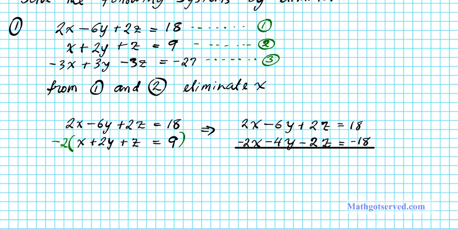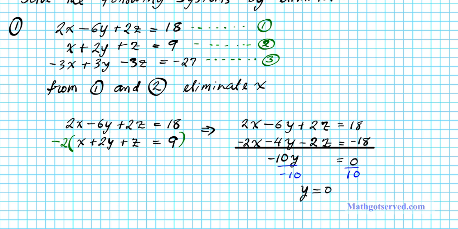When we combine them, 2x minus 2x is 0, negative 6y minus 4y is negative 10y. The z's are opposites, so they add up to 0 also, and this is equal to 18 minus 18, which is 0. Now we'll divide both sides by negative 10 to get the value of y. We will end up with y equals 0.